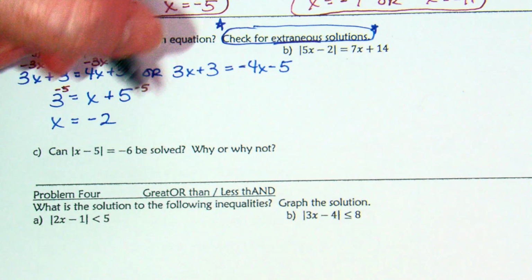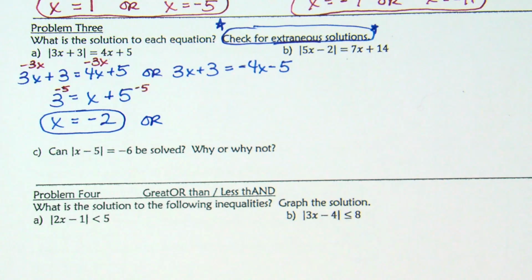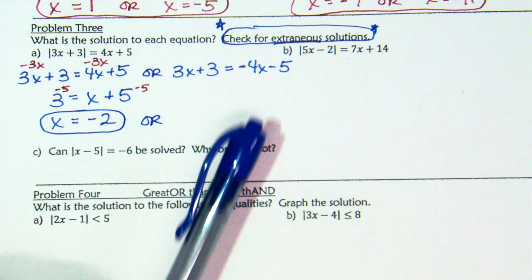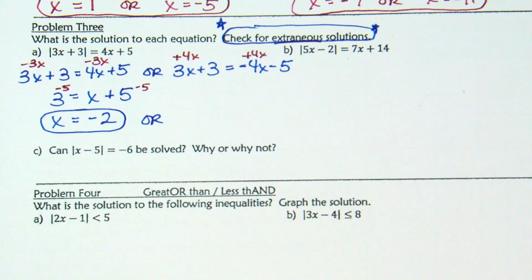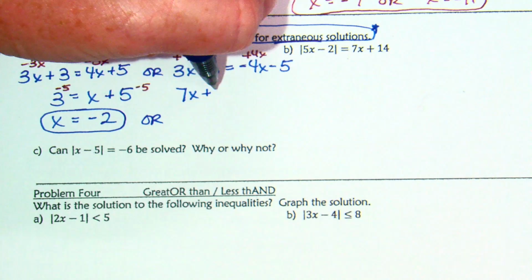Or, okay, solve the other one. How do you want to get your x's together this time? If it's already a negative 4x, probably better to add 4x. If we add 4x on the right, add 4x on the left. What's 3x plus 4x? So 7x plus 3 equals negative 5.